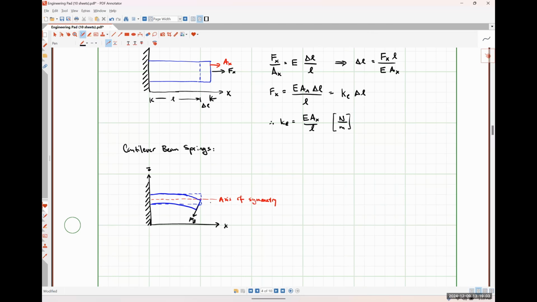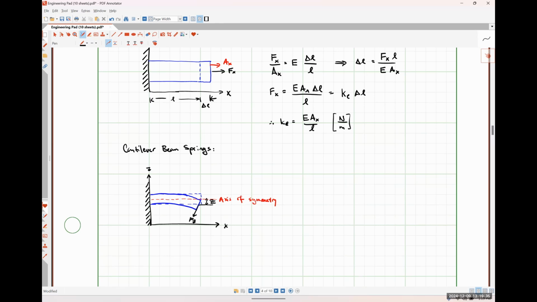We are going to say that this distance, between the center point of our beam and our original axis of symmetry, let's call it capital Z. So it's some amount of movement in the Z direction, but I'm trying to distinguish it from lowercase z, the variable.